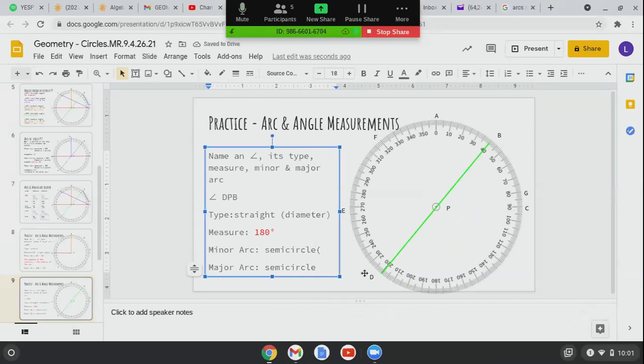So let's start where you want to start. You called the angle DPB. That's the angle. So let's talk about one semicircle or the other semicircle. Name them. Remember, you have to name a semicircle with 3 points.